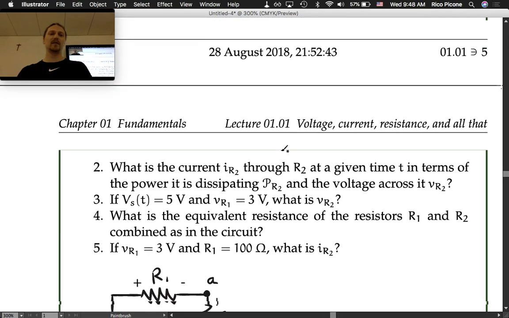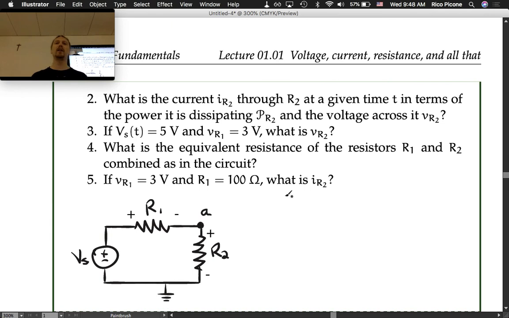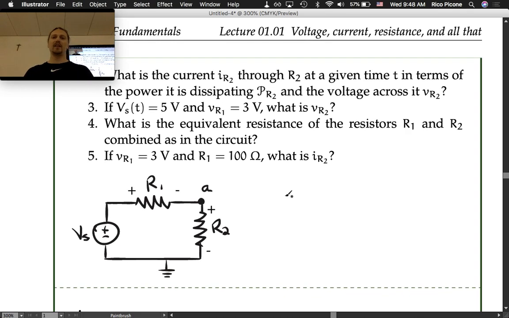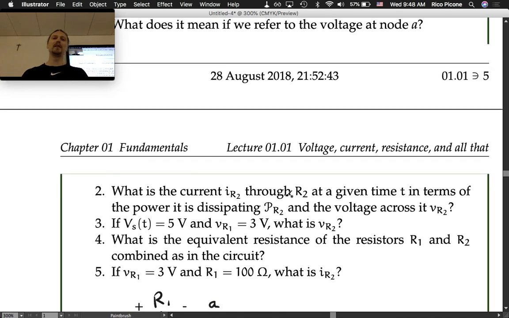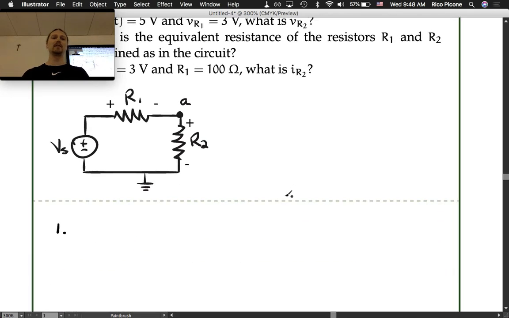What is the current IR2 through R2 at a given time t in terms of the power it is dissipating, PR2, and the voltage across it, VR2? This is pulling in a formula that we saw before, the definition of electrical power.